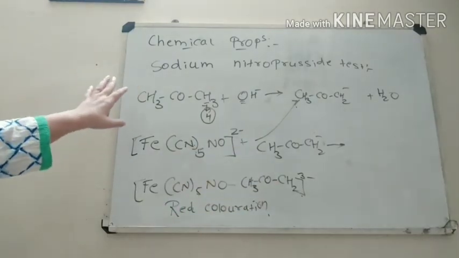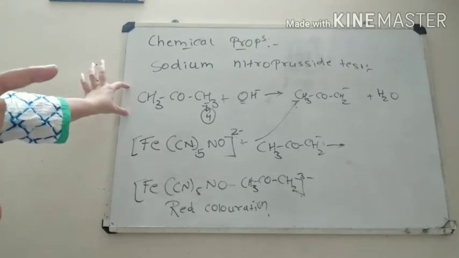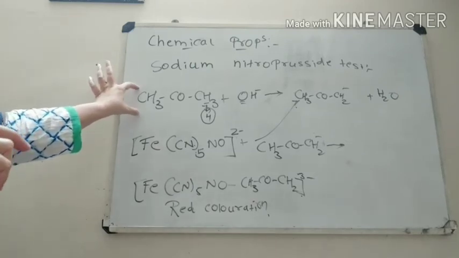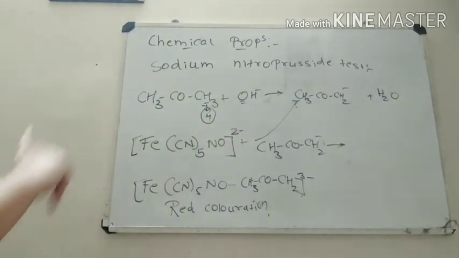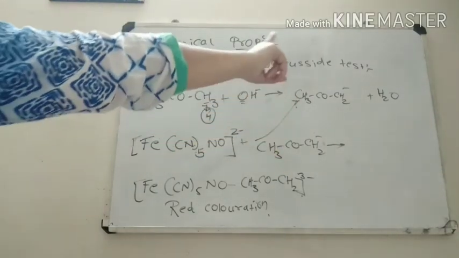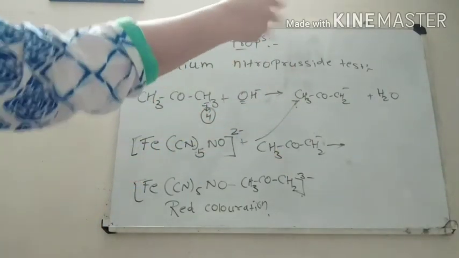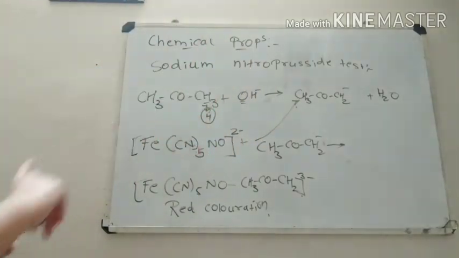Now see this. Suppose we take one test tube with acetone. If we add the alkali to this, the acetone is converted into the ion first by removal of water. Water doesn't have any color, and this acetone doesn't have any color.